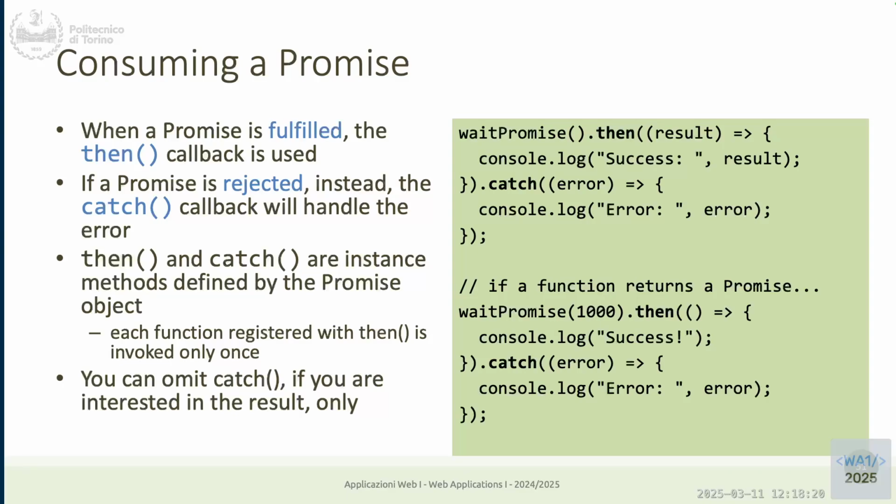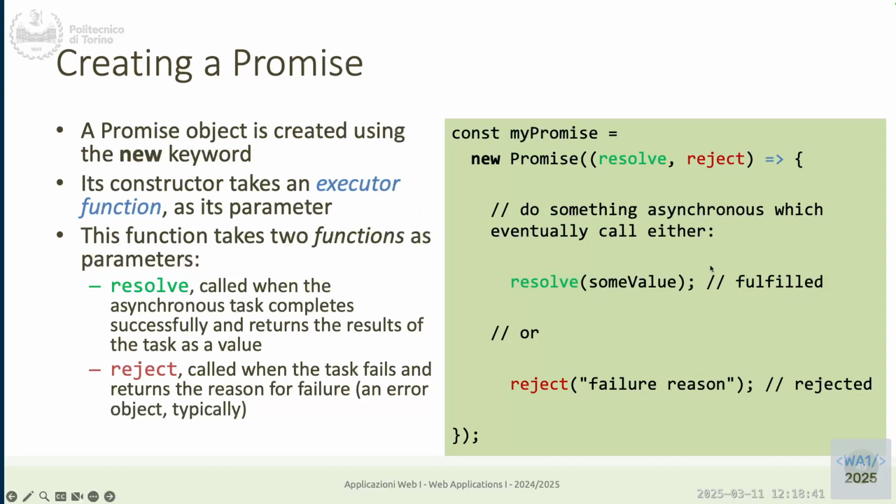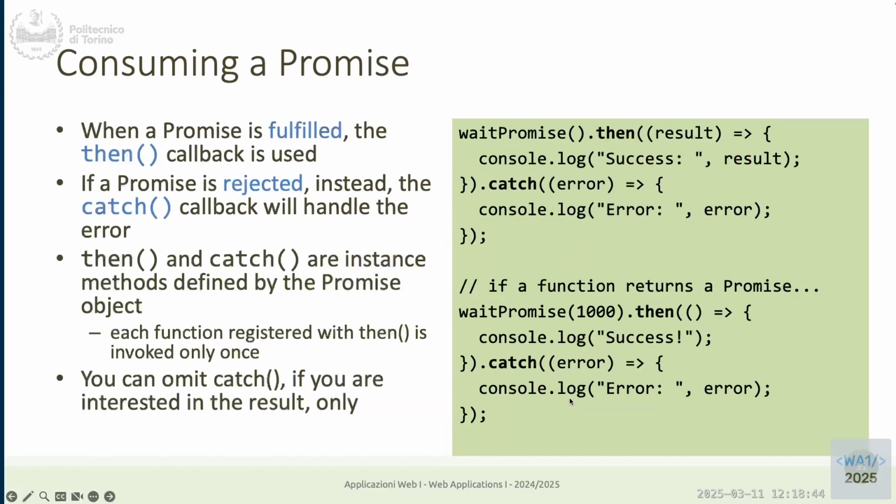Okay? But this is done in a standard way. The callbacks are defined inside the promise object, and I can have this promise object, store it somewhere, and use it later, and so on. It's just an object. Or if something goes wrong, it means that the code calls reject, then the promise object will call the callback function that I defined with a catch method, if I did.